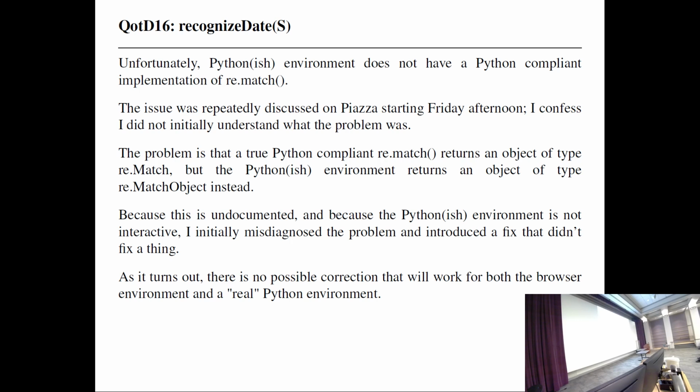This environment in the browser is very convenient because for quick and dirty things, you can turn something in and test it in the browser, but it's not real Python, and this is the second inconsistency between the Python browser and Python that I've found in the 2 years I've been using it.